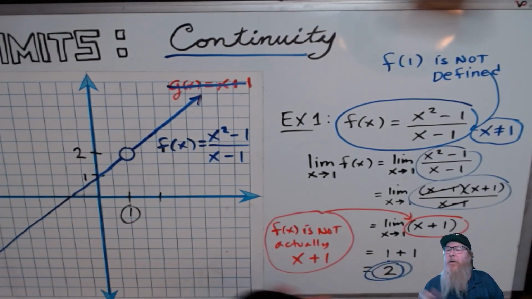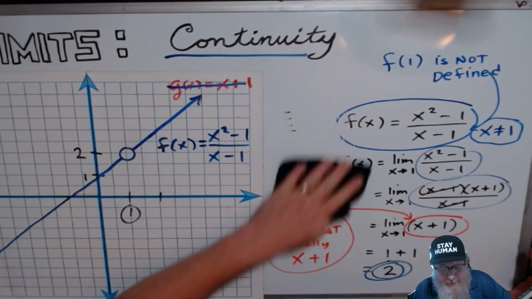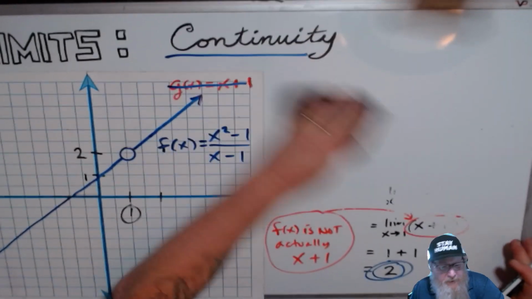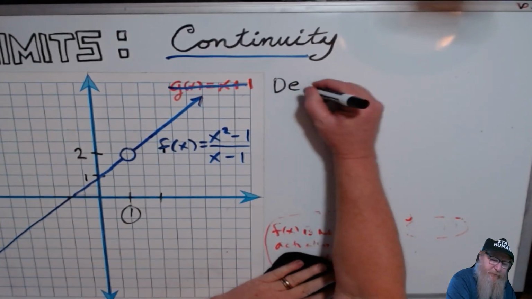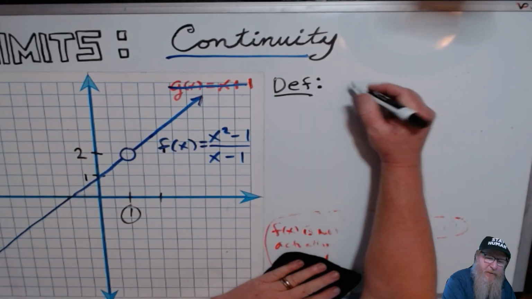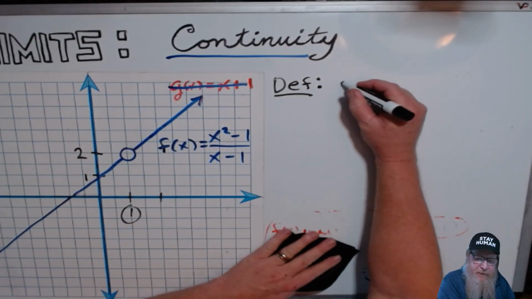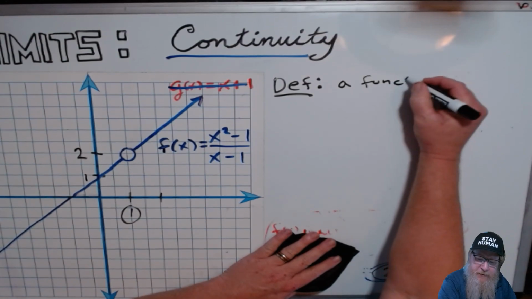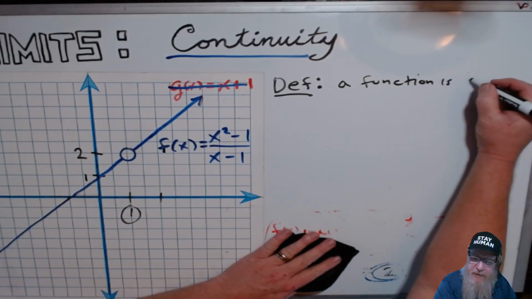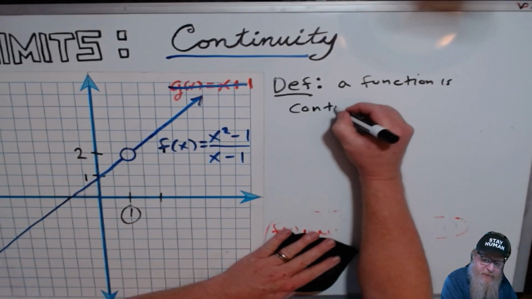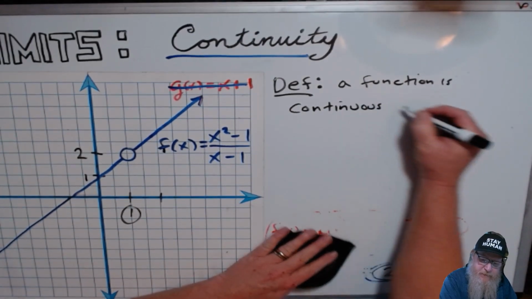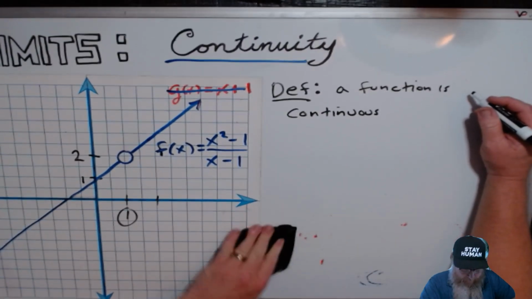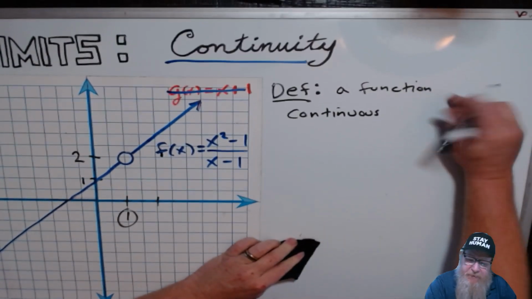So this is what we call the pointwise continuity definition. A function is continuous, maybe I should name the function.